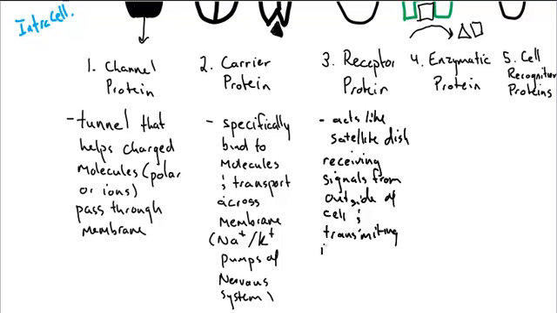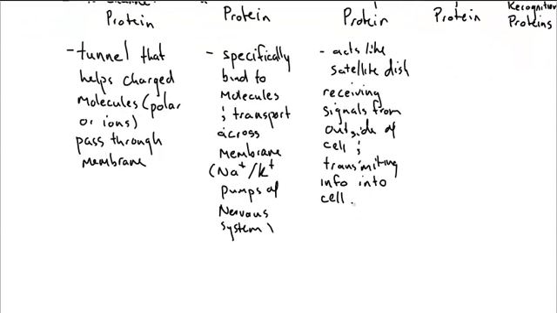So transmitting info into cells. And again, this is going to be relevant in the nervous system when we look at neurotransmitter receptors. Definitely spelling that wrong. Neurotransmitter, all one word, receptors.